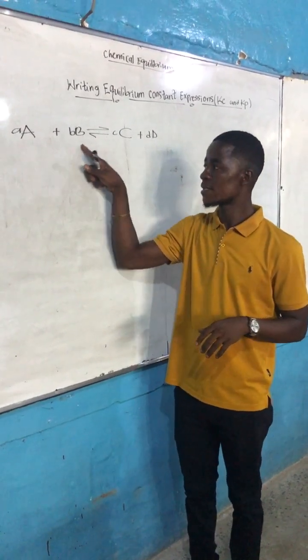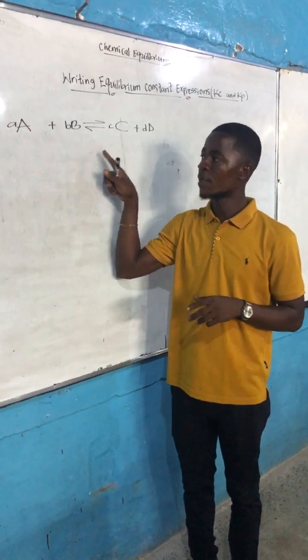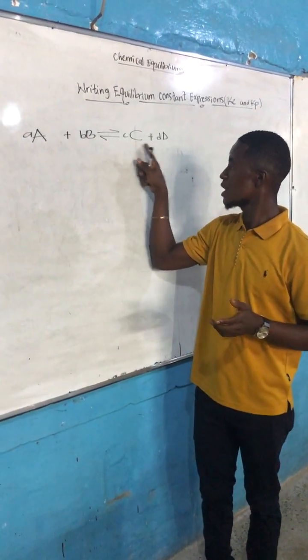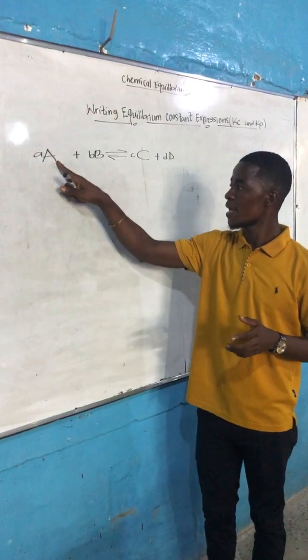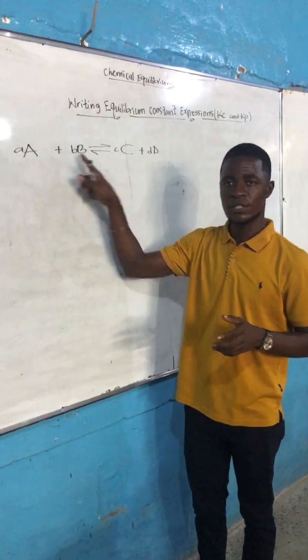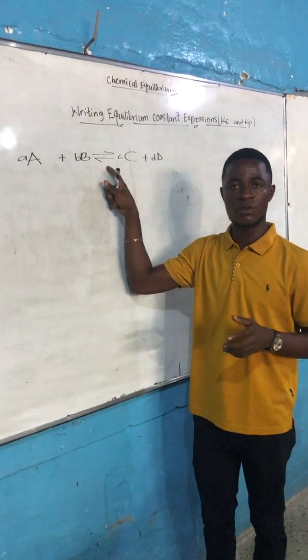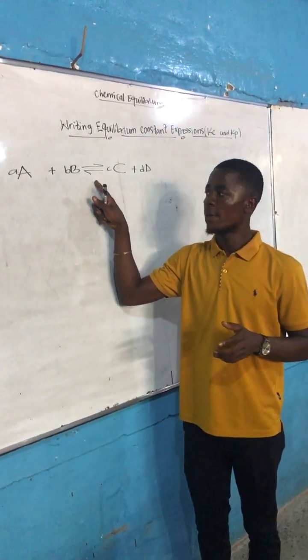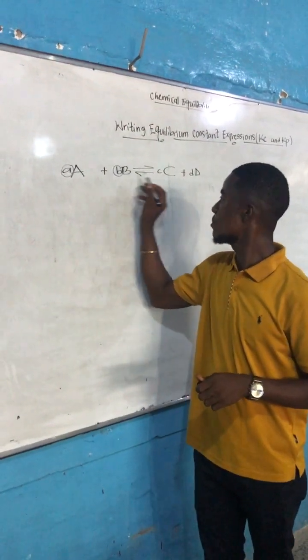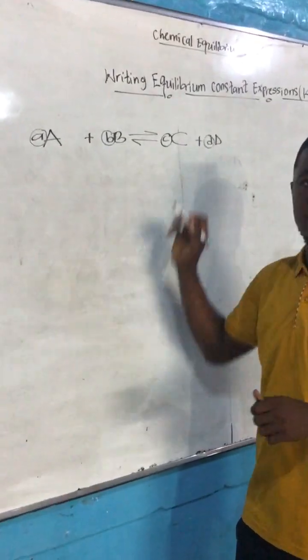So if we look at this hypothetical reaction, we have A plus B reversibly giving us C plus D, meaning that if A plus B can give us C plus D, C plus D can also give us A plus B. This reaction is a reversible reaction. But then, as you can see here, we have small a, small b, small c, and small d.